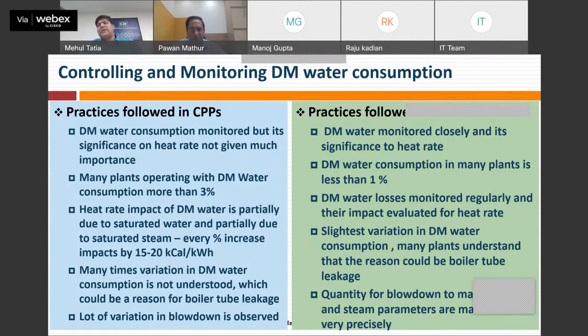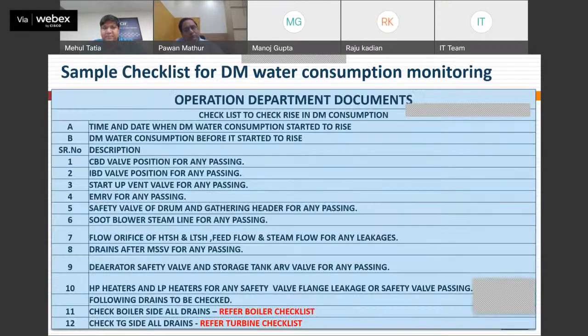So when you are following proper monitoring and control of DM water, you will have a lot of advantages, not only in terms of monitoring your DM water loss, but also if there is any inefficiency in the boiler, for example, a tube leakage, you will immediately understand my DM water consumption has increased, it must be due to tube leakage.